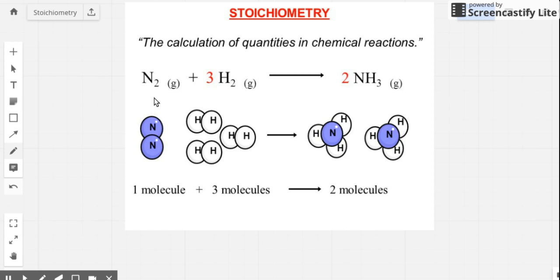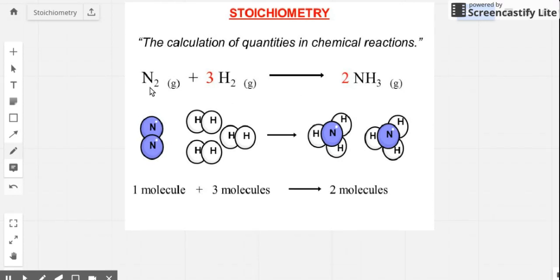So the mass before and after the reaction must be the same. Therefore, the number of atoms of that particular element on the reactant side must be equal to the number of atoms of that same element on the right side. So all elements have to be accounted for, and it should be of the same number. That is the basic thing that we know about the coefficient.